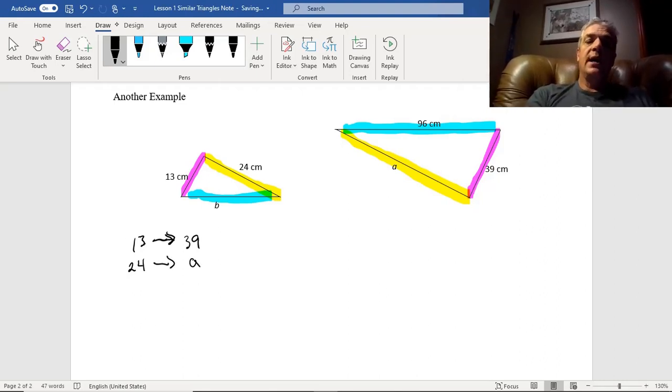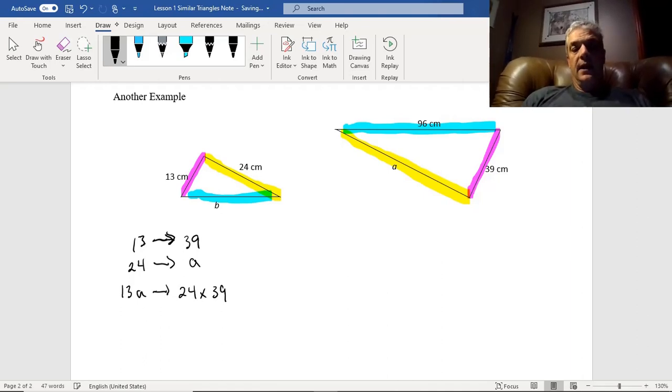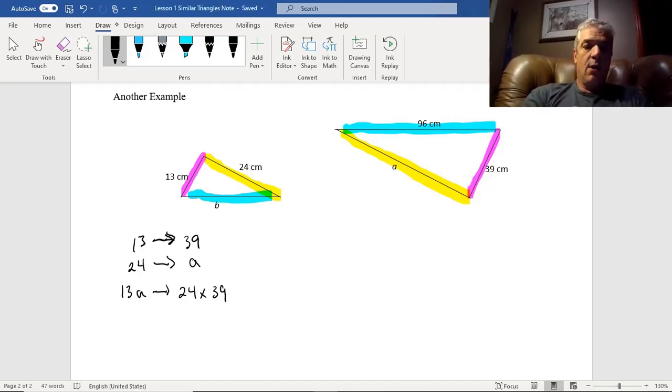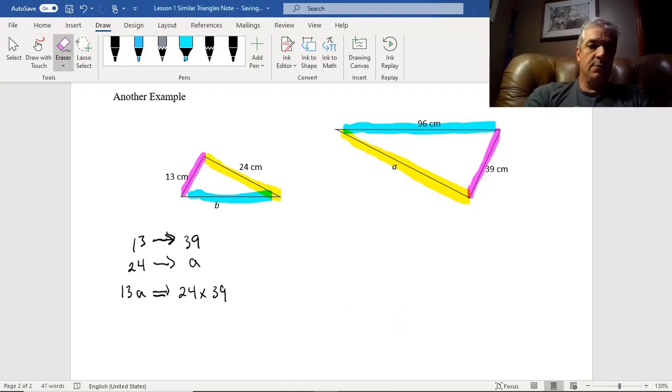And now I can use my cross multiplication to solve this. So I take my 13A, 13 times A will be 24 times 39. And that's not something that I just happen to know off the top of my head, 24 times 39, but now I can put this in as an equal sign. Sorry, I missed that. There should be an equal sign. So let me rewrite that.